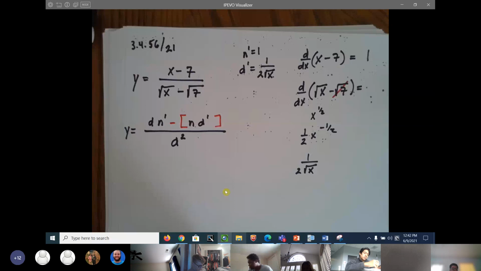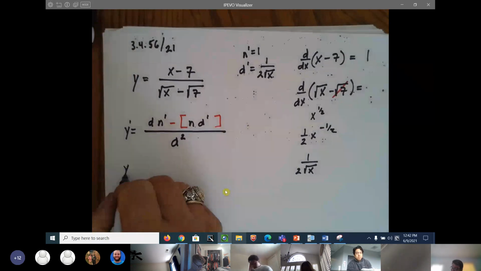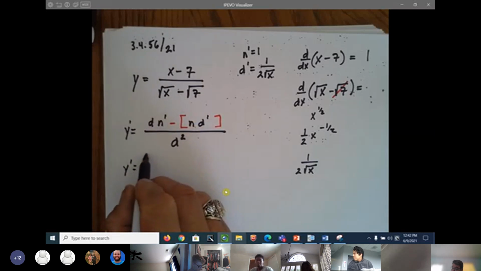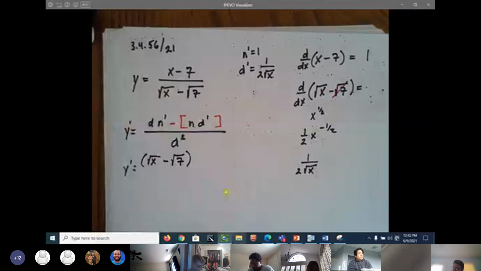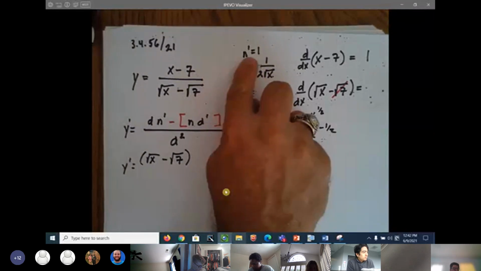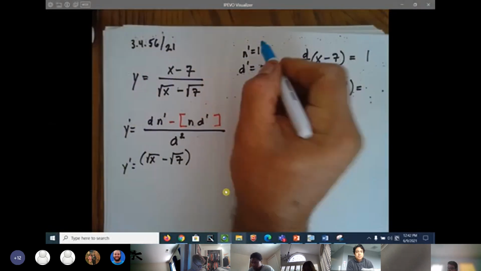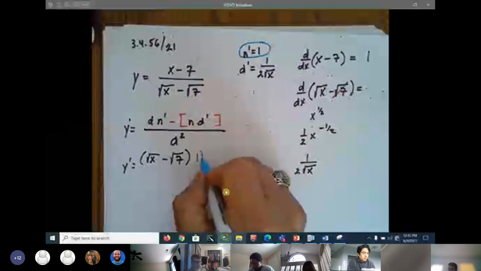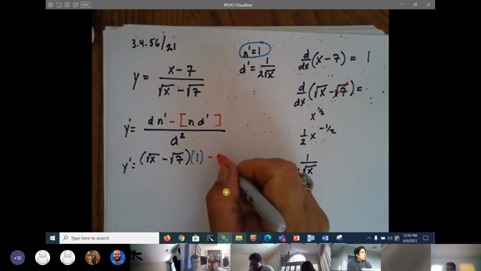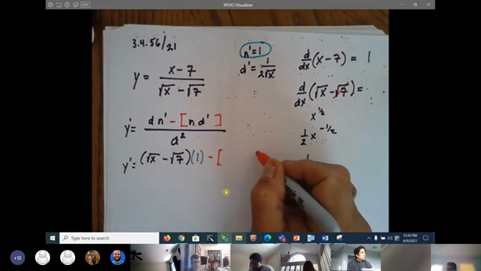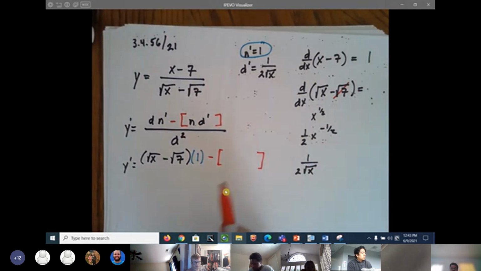All right, so denominator. Denominator is the square root of x minus square root of 7 times numerator prime. Numerator prime is what? 1 minus, and yes, I will add this in red until the day that I die because I'm not going to mess my problem up by forgetting that negative.